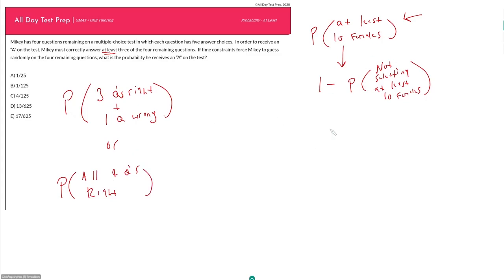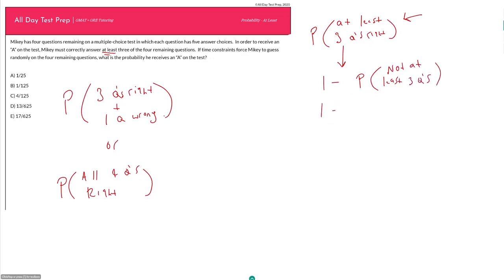And so in this case, the probability of getting at least 3 questions right would be 1 minus the probability of not getting at least 3 questions right.